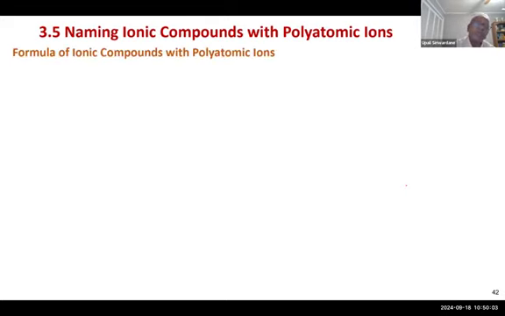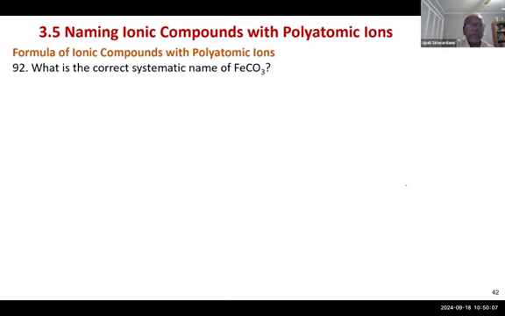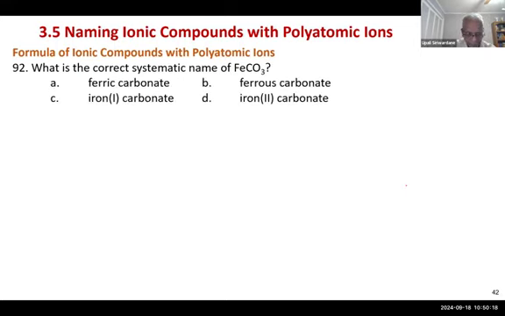Let's do a few problems. Formula of ionic compounds with polyatomic ion. What is the correct systematic name of FeCO3? Iron carbonate. Systematic D. This is Iron(II) carbonate.